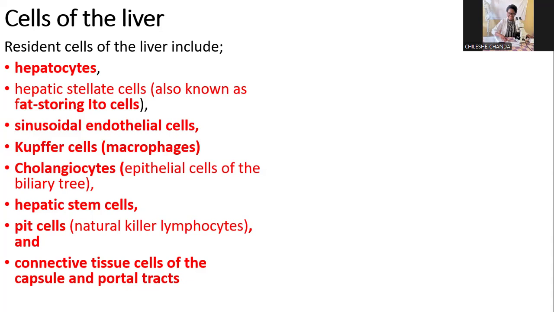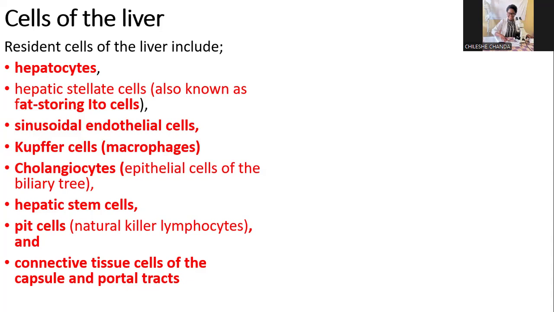And then we have cholangiocytes, which are epithelial cells of the biliary tree, meaning the bile system, the ducts going to the gallbladder. Then we have hepatic stem cells. Almost all organs have stem cells which grow into mature cells of that particular organ.